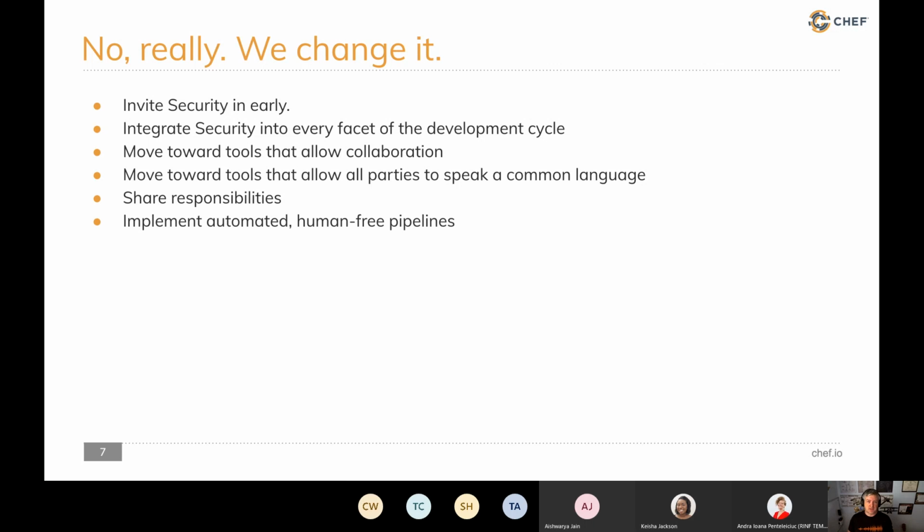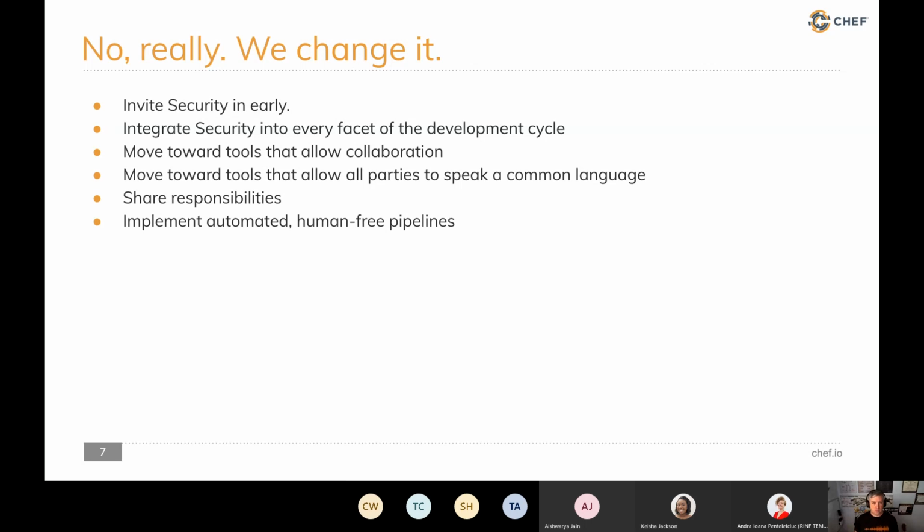So a couple of these things. One is the obvious thing, right? We need to bring the security folks in earlier in the process. There should never be a case where we build a bunch of things and then wait till the end and have security review it to see if it works or not.